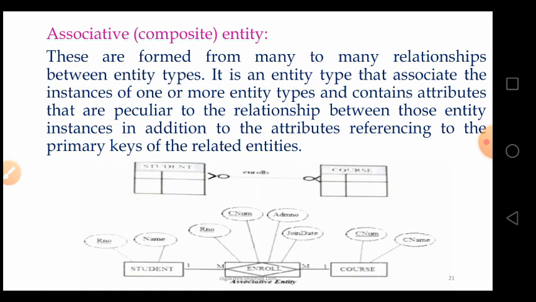Weak entities do not have any primary key; a partial key is used for the link between two entities, the relation between two entities. Here, student and certificate, or course and certificate, are the weak entity.